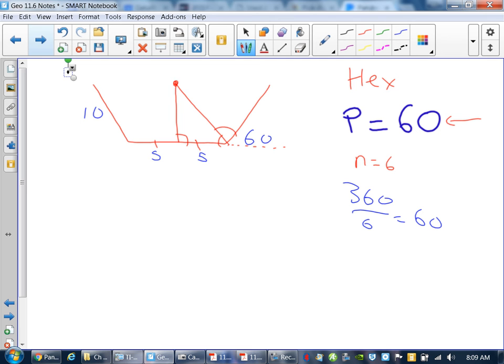It makes each of these 60s. Okay. But we need to know both of those. So, again, we still have to figure out the apothem.